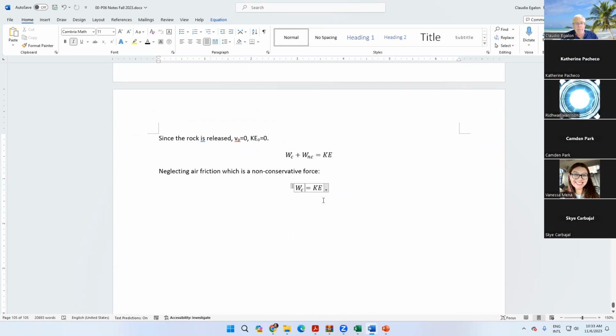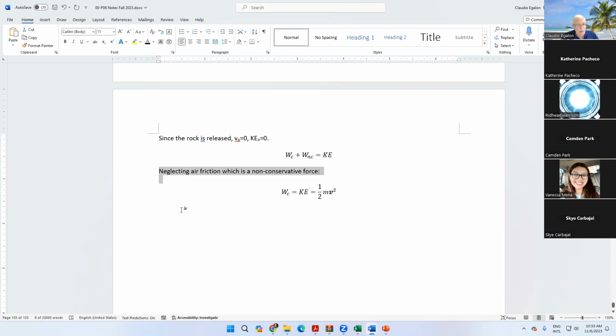Don't forget that my kinetic energy can be rewritten as one half m v squared. Don't forget this kinetic energy is the final kinetic energy, so it's going to be the final velocity. That's the term that we want to find out.